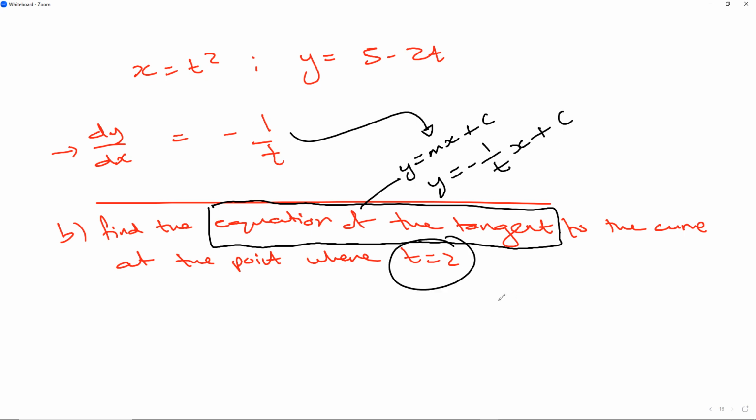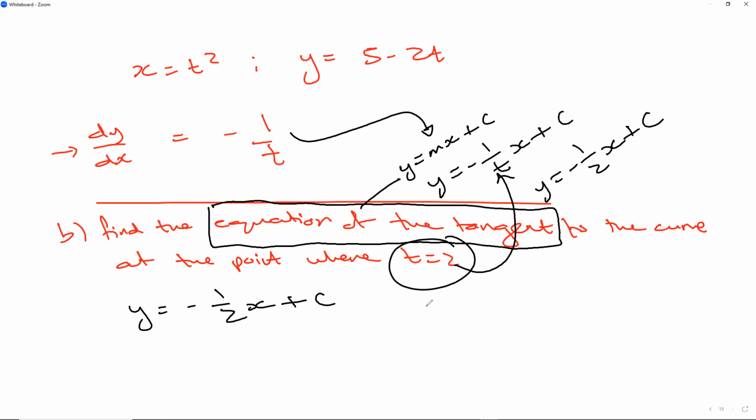They told you where t is equal to 2, so you can substitute 2 in there and get y equals negative 1 over 2 x plus c. Now all you've got to do is find the c value, so you have to substitute a point. y equals negative a half x plus c means that you have to substitute some x value and some y value.